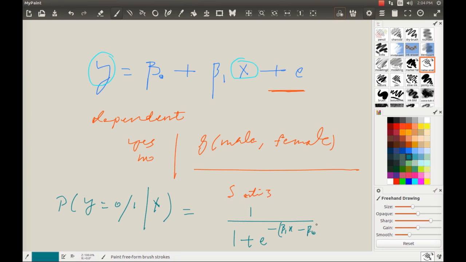So this is the expression that we need to use in order to predict the response of the dependent variable.